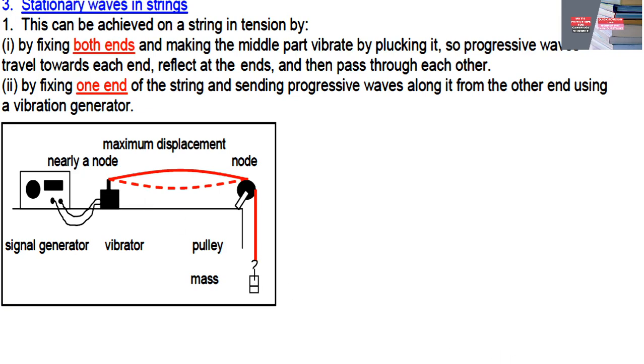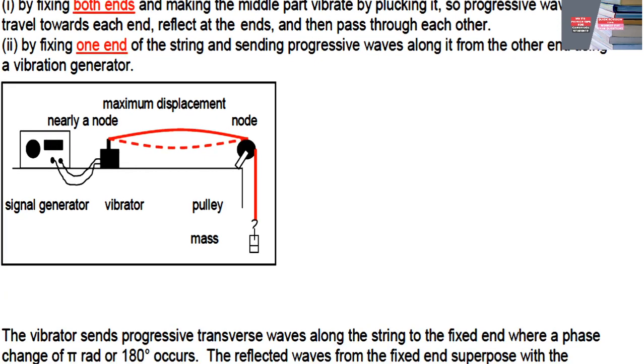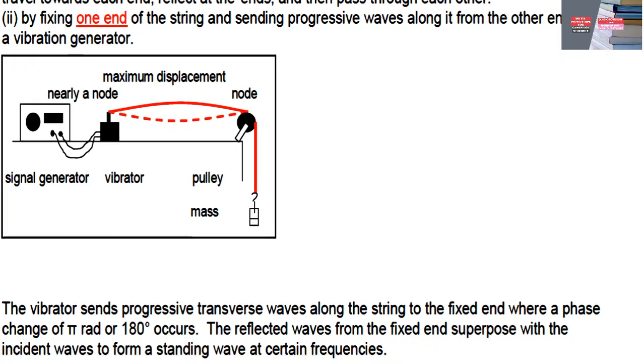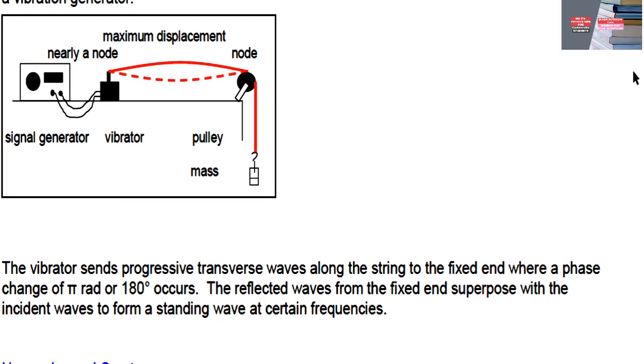The vibrator sends progressive transverse waves along the string to the fixed end, where a phase change of pi radians, or 180 degrees, occurs. The reflected waves from the fixed end superpose with the incident waves to form a stationary wave at certain frequencies.